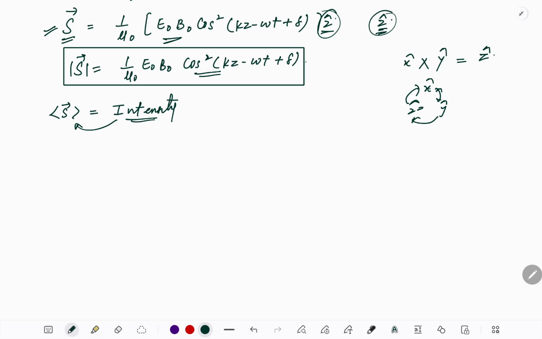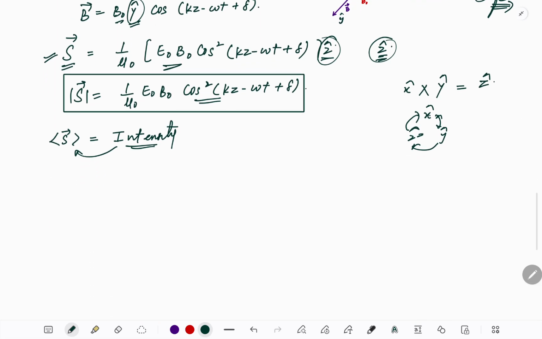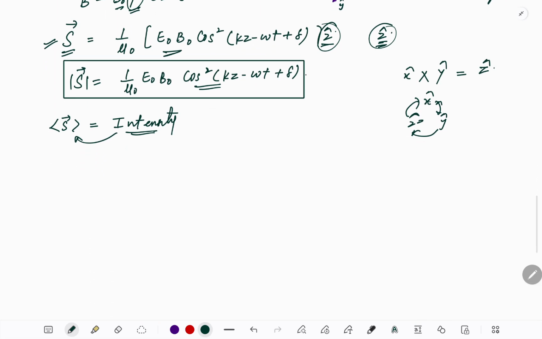And what is the Poynting vector? It is the energy per unit area per unit time transported by the field. So let's take the average. The average of the Poynting vector equals 1 over mu 0, E naught B naught, times the average of cos square of kz minus omega t plus delta. The average of cos square is 1 by 2.